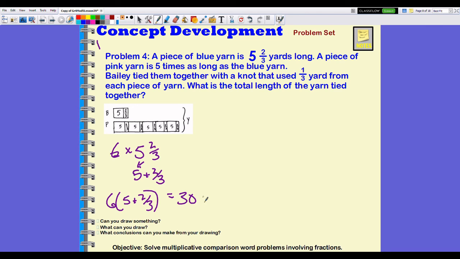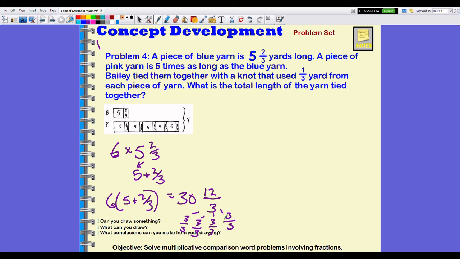And then we have 6 times 2, which is going to be 12/3. And that's going to be greater than a whole. So we know out of here we can remove 3/3. Now this is 6/3. This is 9/3. And now we can get 4/3, 4 wholes, which is 12.